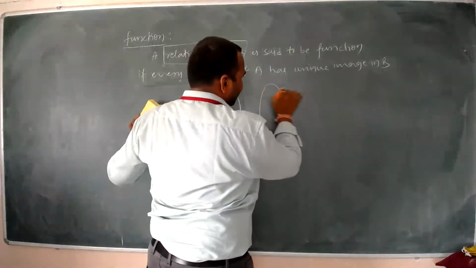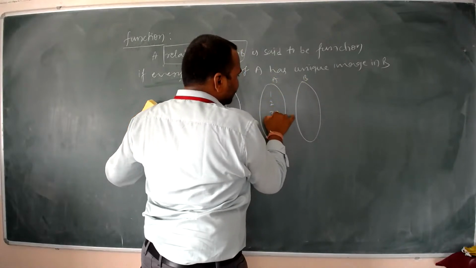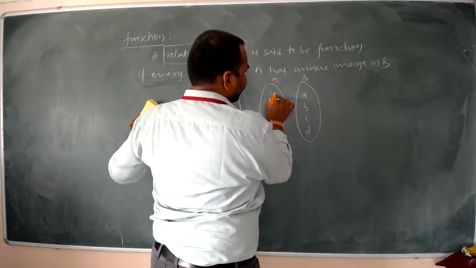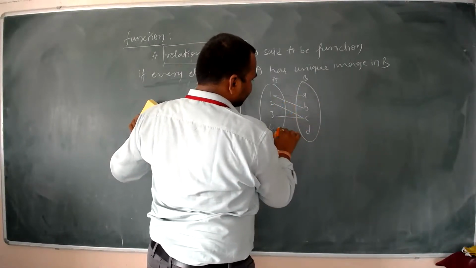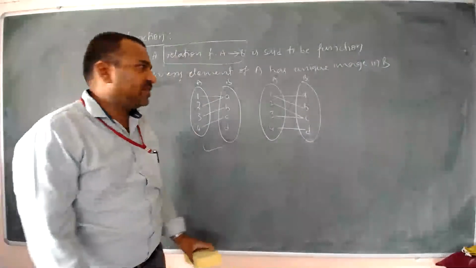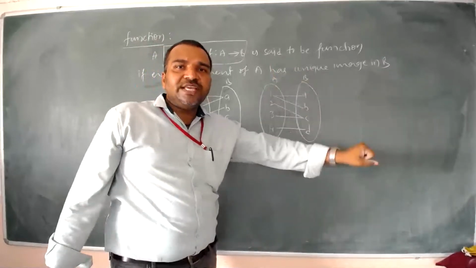I will write one more example. A, B. 1, 2, 3, 4. Here also I am taking A, B, C, D. Is it a function or not? Check it first of all. What is the definition? Every element of the first set has a unique image.